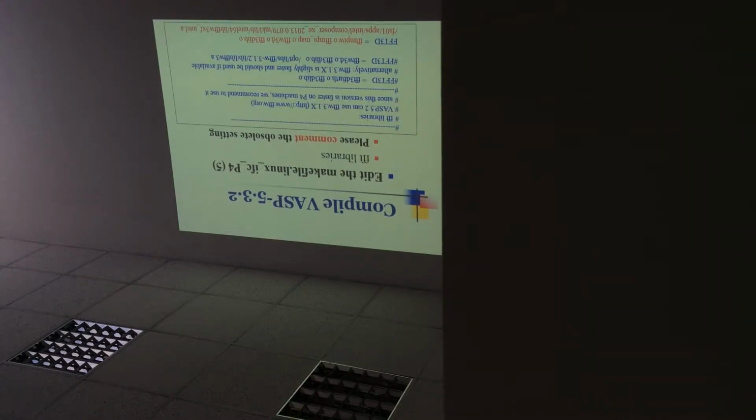Then you should link the FFT here. For example, this is the obsolete setting. You should comment it, okay? So what we need to do here is we link these objects to this Intel static library.